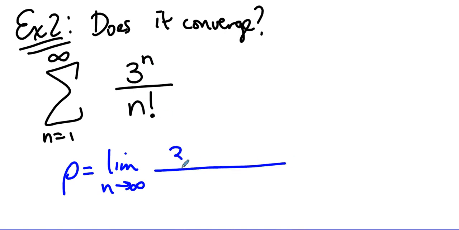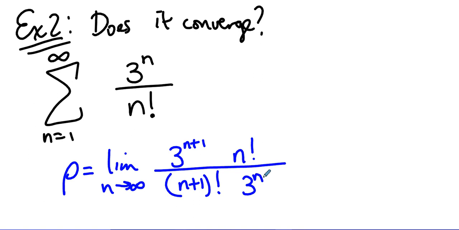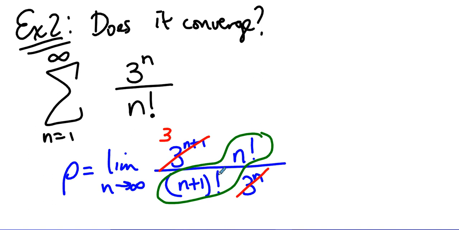The n plus 1th term divided by the nth term. And then we think about what happens. This is algebra. What happens here? How does that simplify?